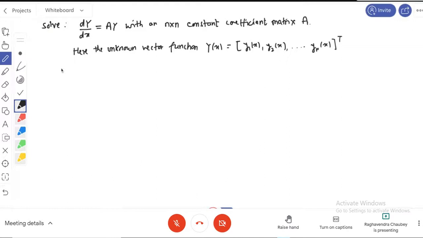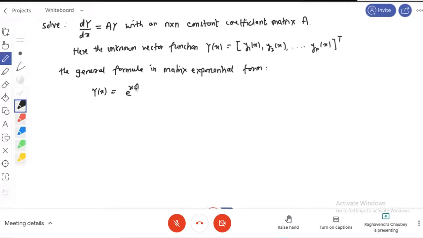Then you know the general solution formula in matrix exponential form: y(x) equals e to the power of this thing times a constant.